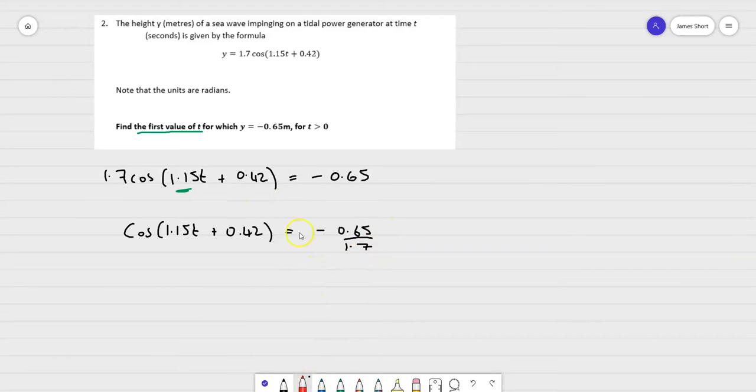At this point, what we can say is that the cosine function is negative, because we've got this negative sign in front of this fraction. So we can use this when we come to our quadrants. At this point, we're going to drop the minus sign.